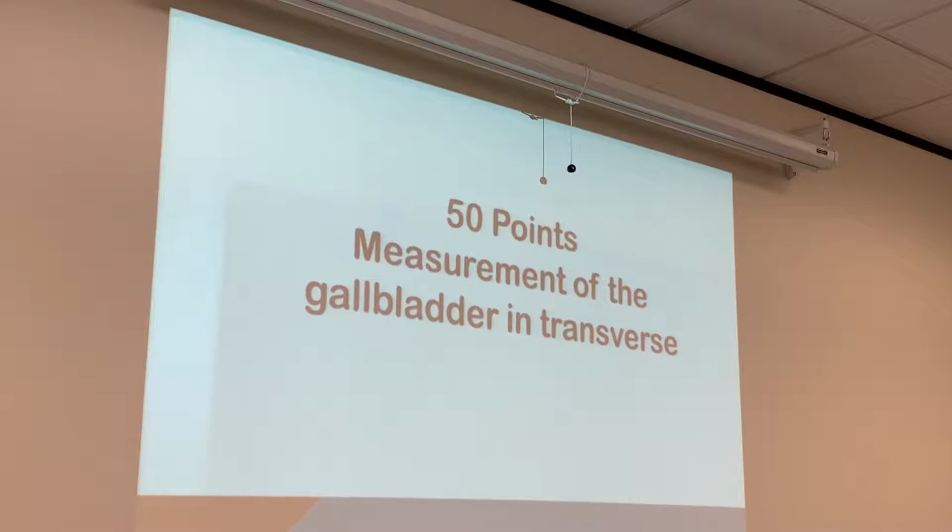Measurement of the gallbladder in transverse: less than 4 centimeters. If it's over 4 centimeters, and when we measure it, we measure the wall. So it's an outer to outer measurement.